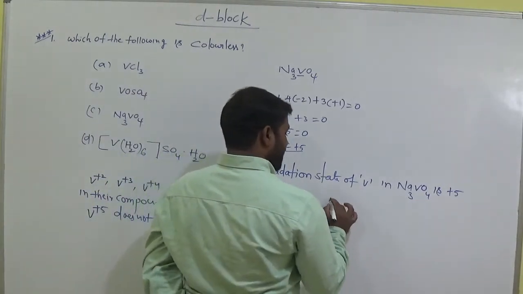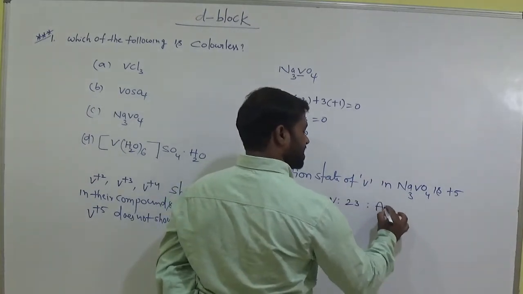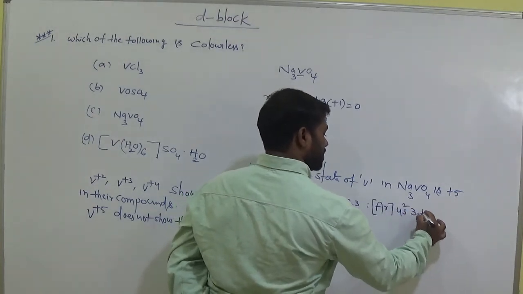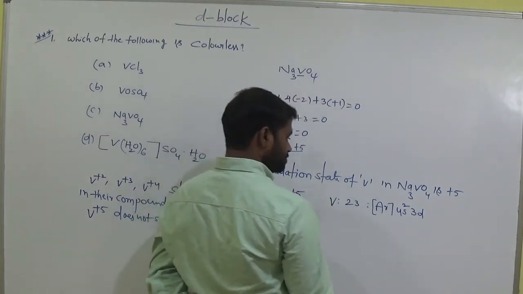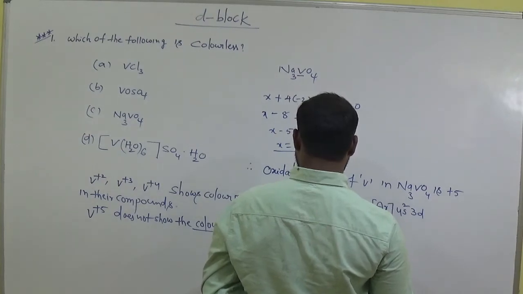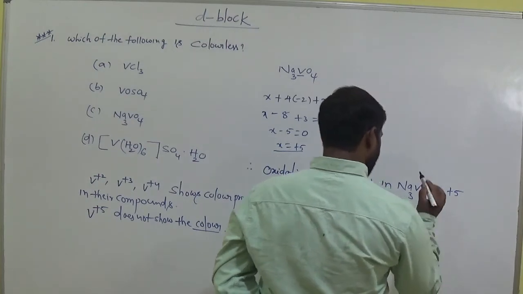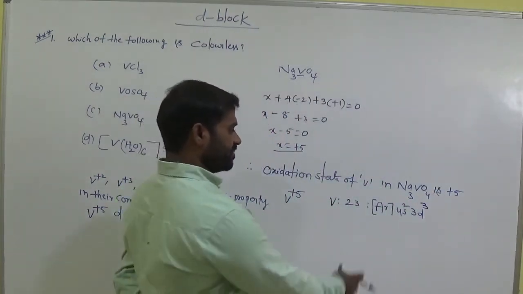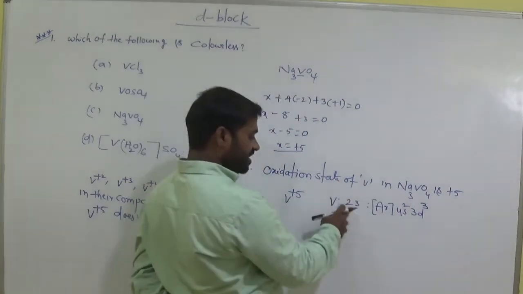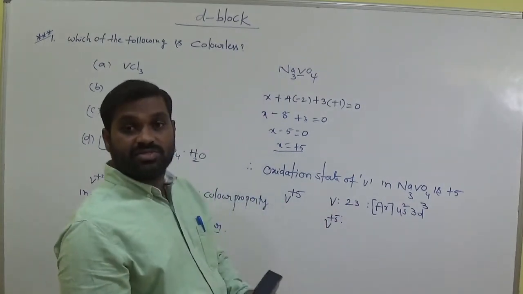Vanadium, what is the atomic number? 23, and its electronic configuration is argon 4s2 3d3. 18 plus 2 is 20, plus 3 is 23. Vanadium +5 means vanadium loses 5 electrons.